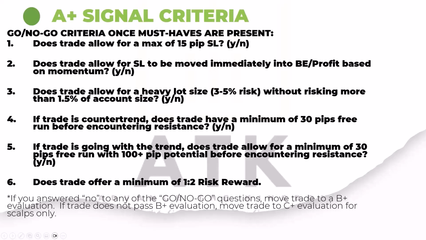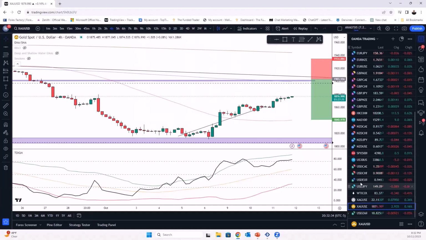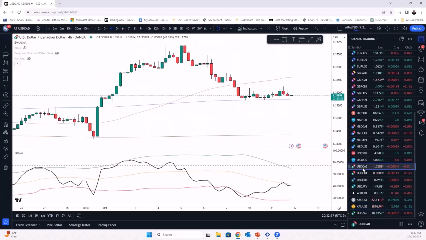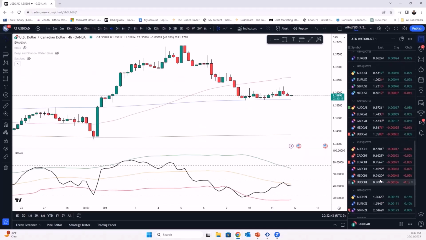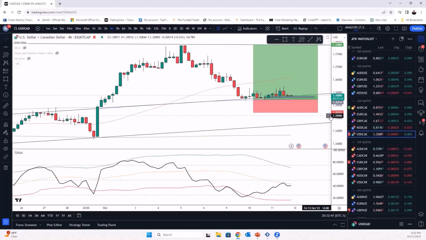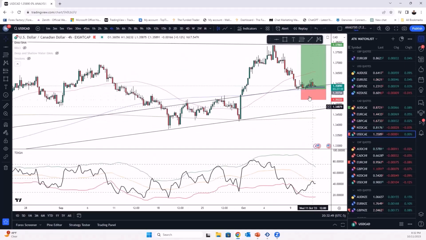And so let me show you an example of this just so it makes sense. I think I had one on USD CAD. No. Let me go ahead. Which one was it? USD CAD. Is that it? All right, so let's look at USD CAD. So let's say we entered in right here.